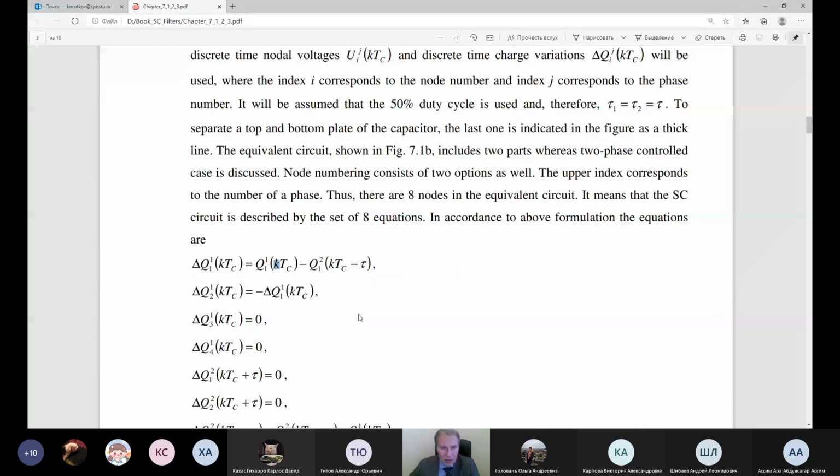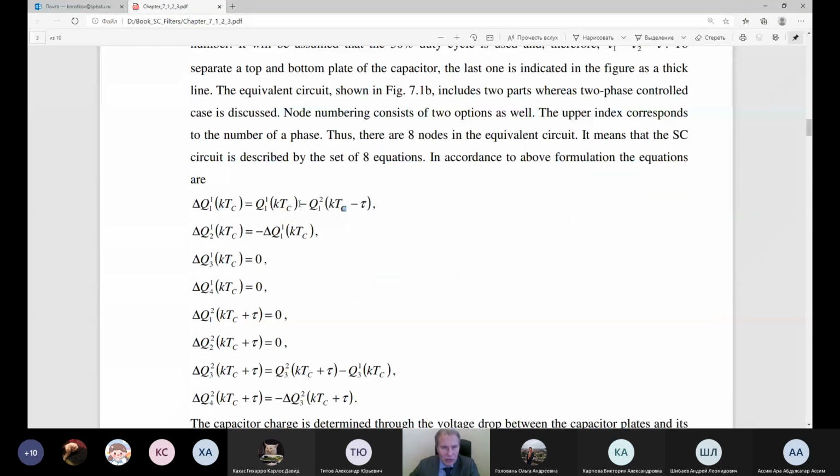So it means that we use the minus sign here, and use the second phase capacitor number 1. Of course, the time will also be changed because it corresponds to the second phase. It was before by a half of the clock.